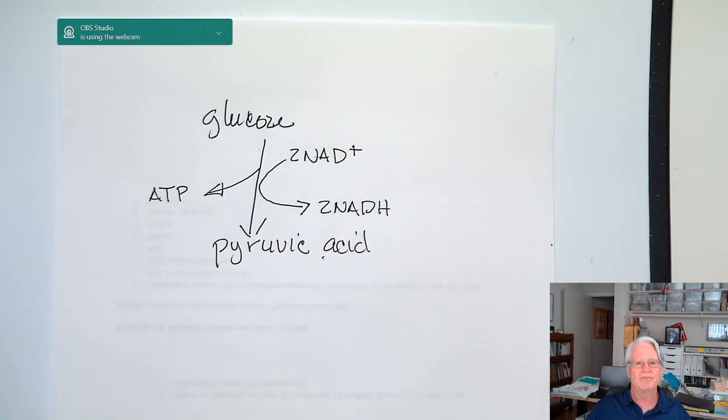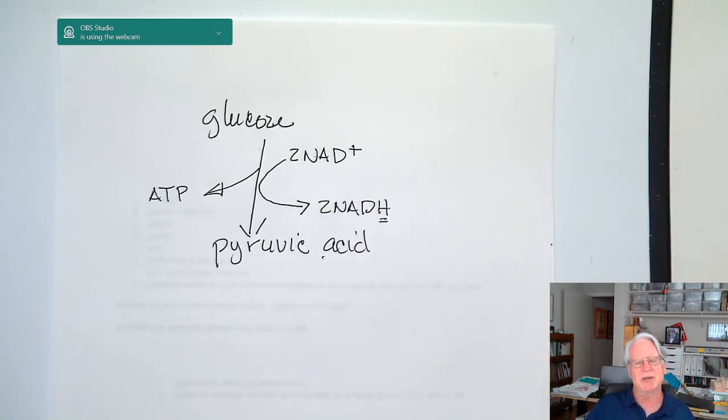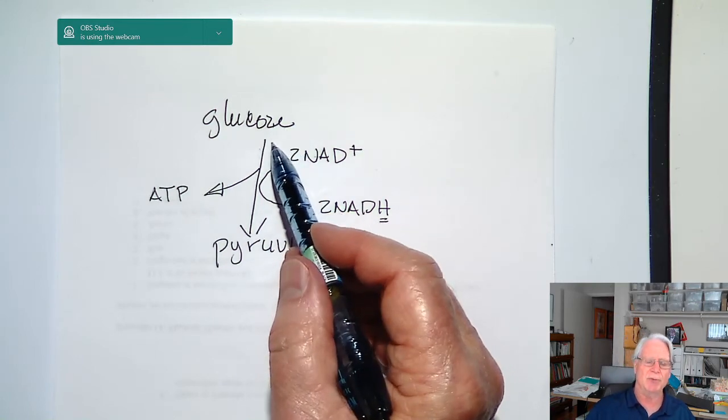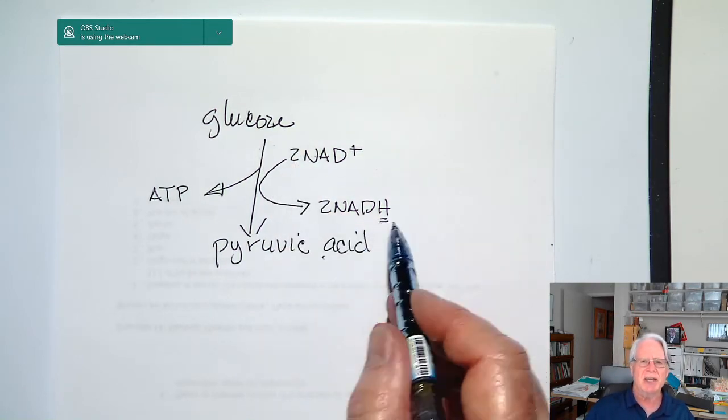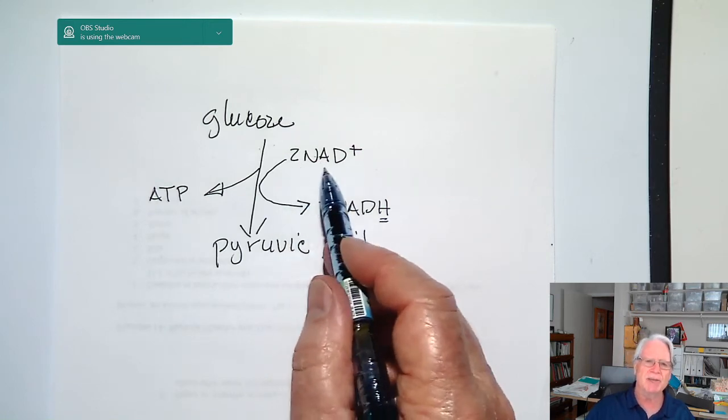Okay? So notice I have added a hydrogen ion to that molecule. So I'm going to strip electrons out of glucose and remove some hydrogen ions. And I need to put them someplace. And where I'm going to put them is this.